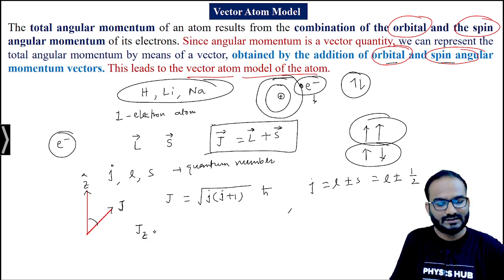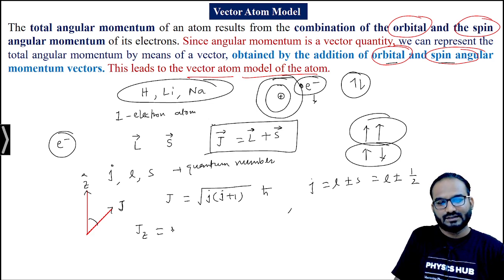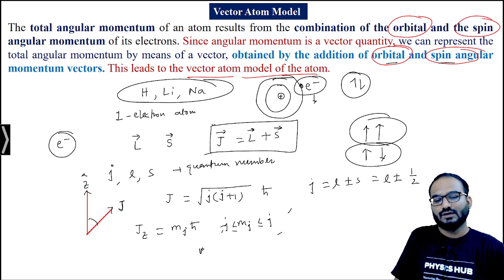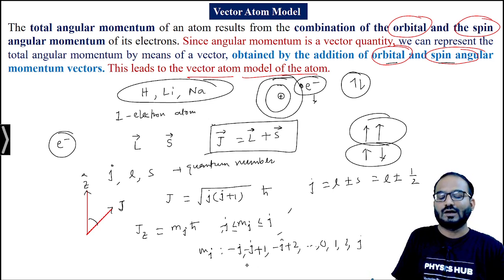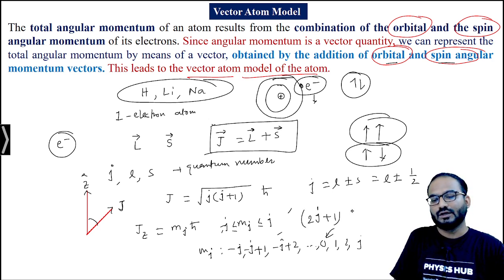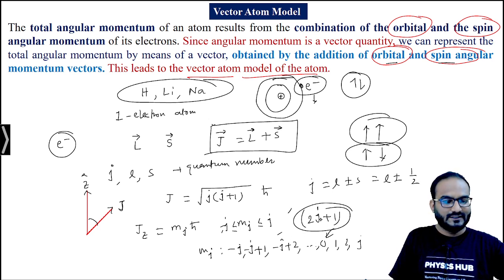That is given by Jz, and the value of Jz is found to be Mj h cut, where the values of Mj lie between minus J and plus J. So Mj can take values minus J, minus J plus 1, minus J plus 2, and so on, going up through 0, then 1, 2, 3, up to J. In total it can take 2J plus 1 values.